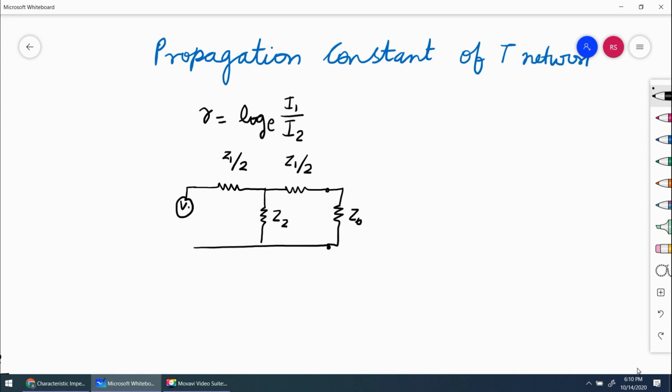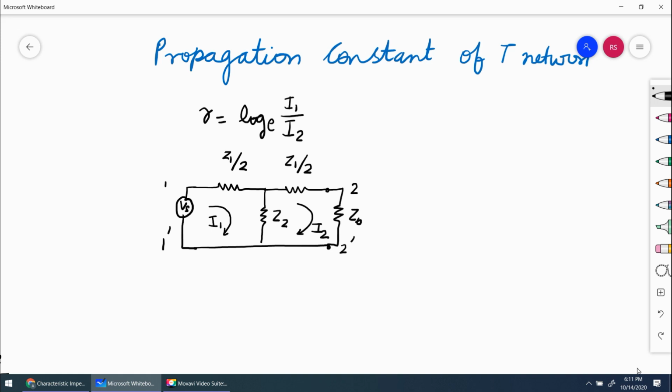We have a supply Vs. This is port 1 and 1 dash, and this is port 2 and 2 dash. The circuit is closed, current I1 is flowing and current I2 is flowing.